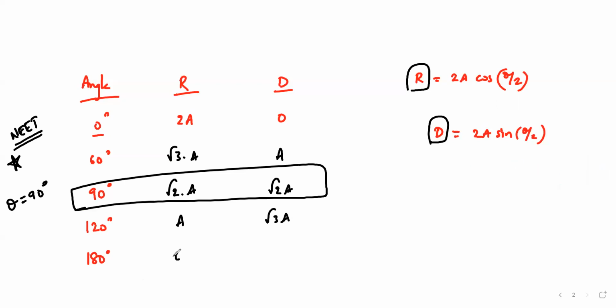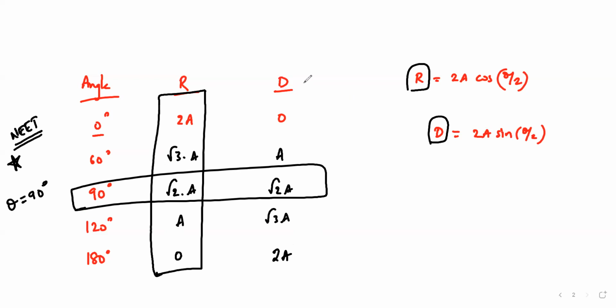Cos 90 is 0. Here sin 90 is 1, and 1 into 2A is 2A. All you need to do is reverse the resultant to get the difference. You just need to reverse this thing. Clear?